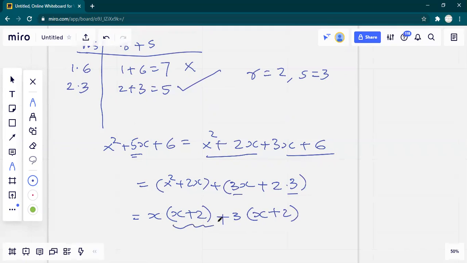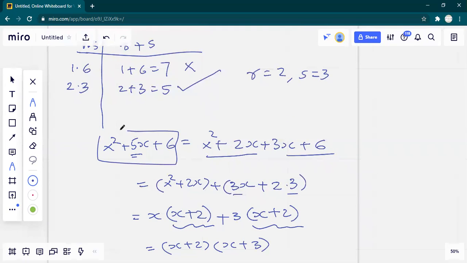Now look at that. x plus 2 can be factored out because it is the common factor. So x plus 2 multiplied by x plus 3. This is the factorization of this trinomial x squared plus 5x plus 6 by using this method.